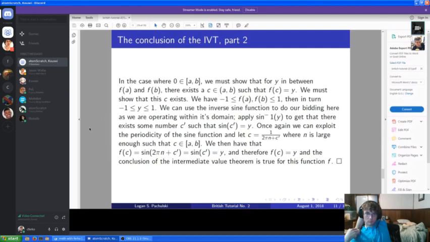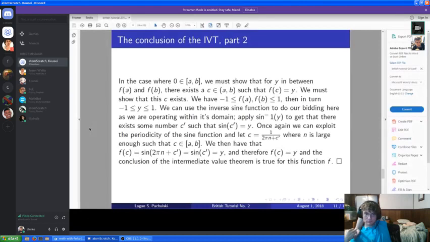Saying it in English, f of a and f of b are between negative 1 and 1 or equal to each of these. Then in turn, negative 1 is less than or equal to y, less than or equal to 1.